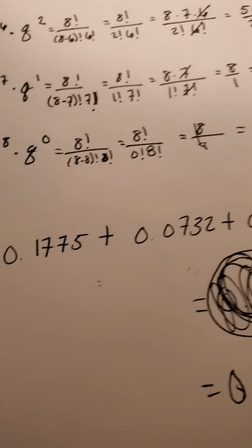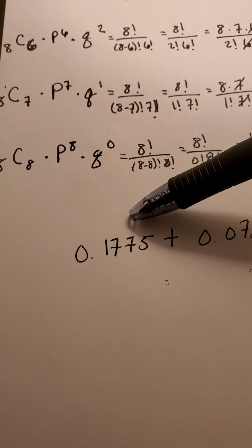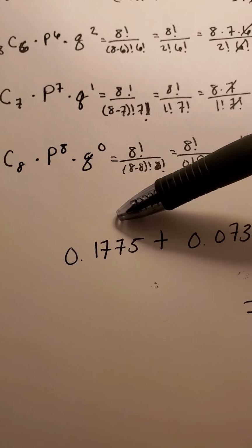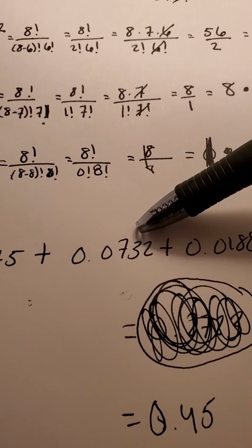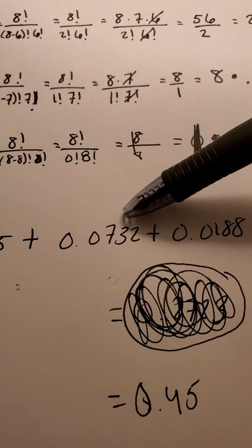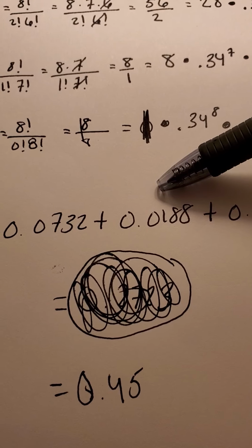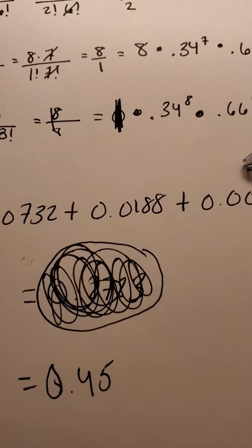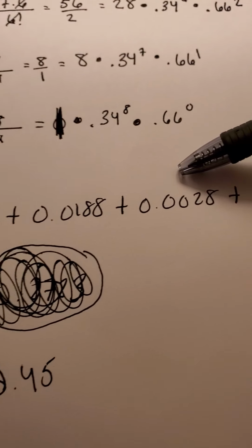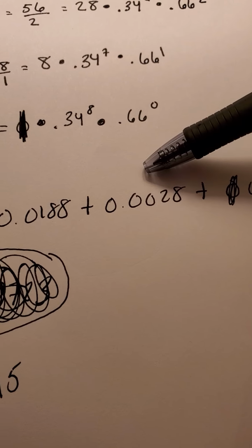When you plug in each one, for the combination of 4, you got 0.1775. And then we add that to the combination of 5, which was 0.0732. And then for the combination of 6, you have 0.0188. And then the combination for 7 is 0.0028.